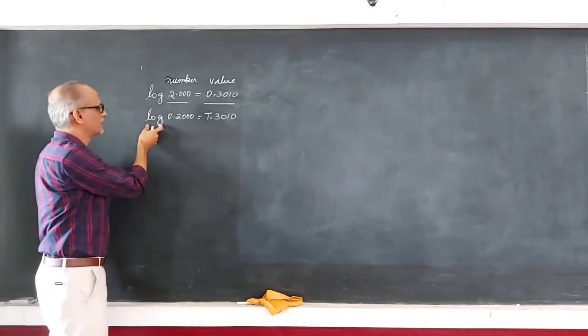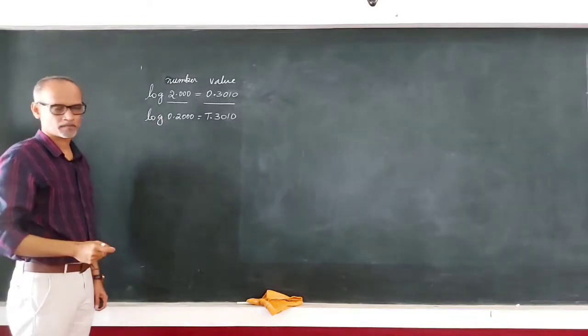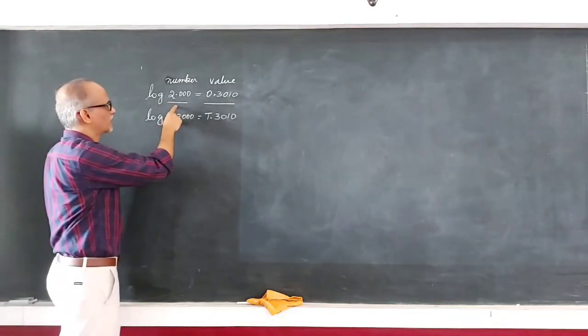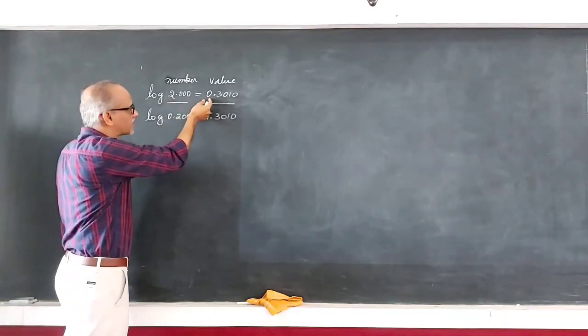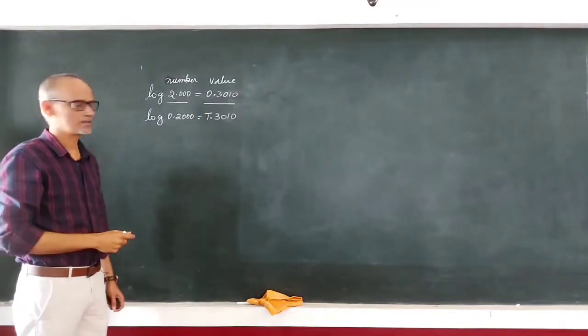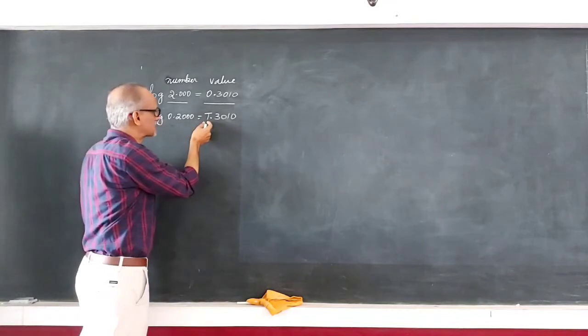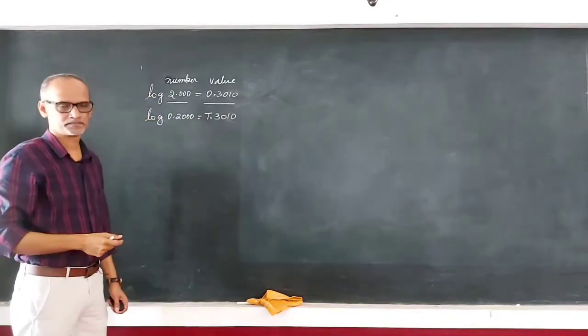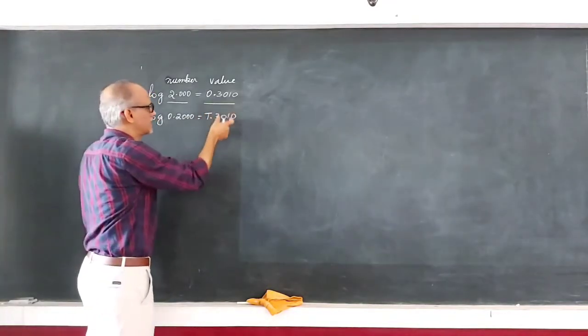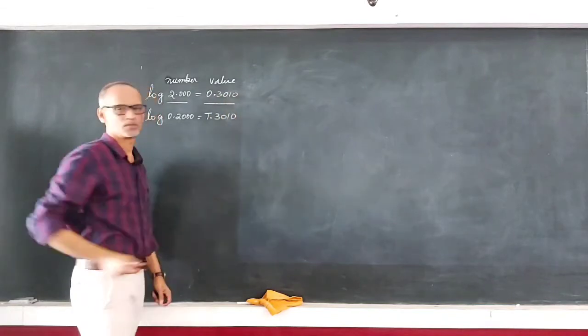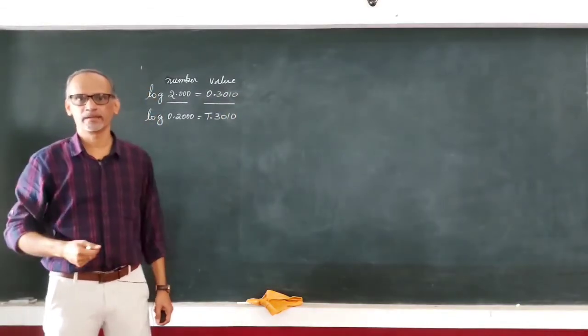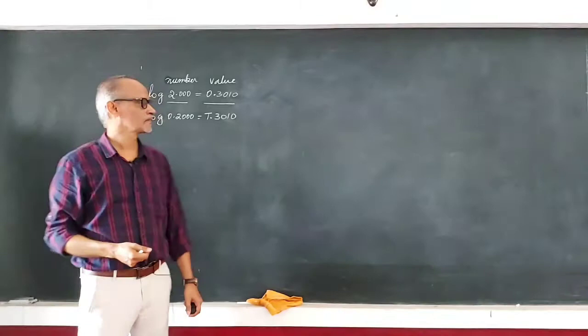This is a log of a number which is lesser than 1. When the log of a number is greater than 1, the characteristic is always positive, and when the log of a number is lesser than 1, the characteristic is negative. The mantissa is always positive. So this is what we have learnt in the previous session.